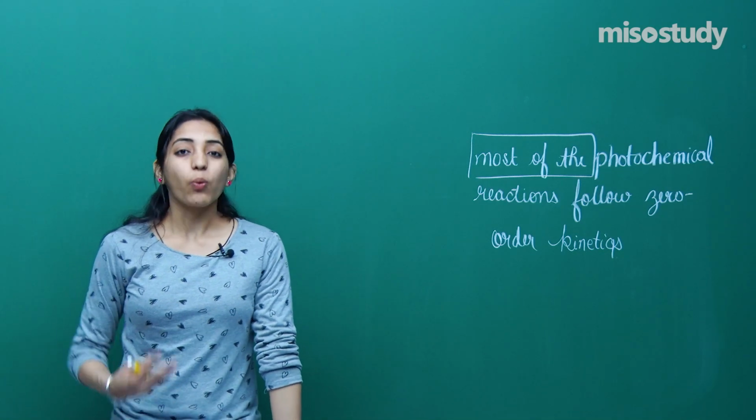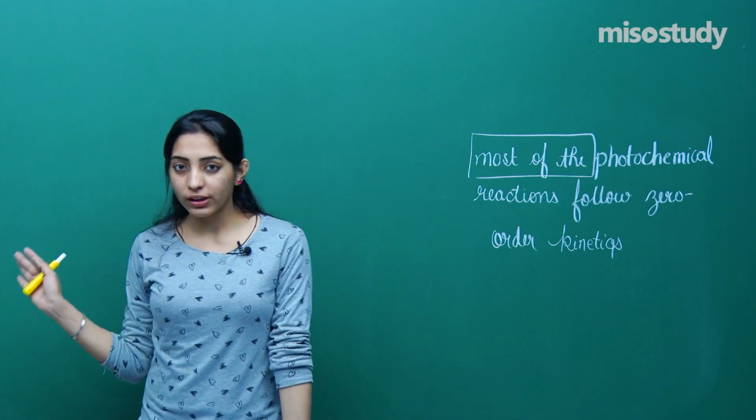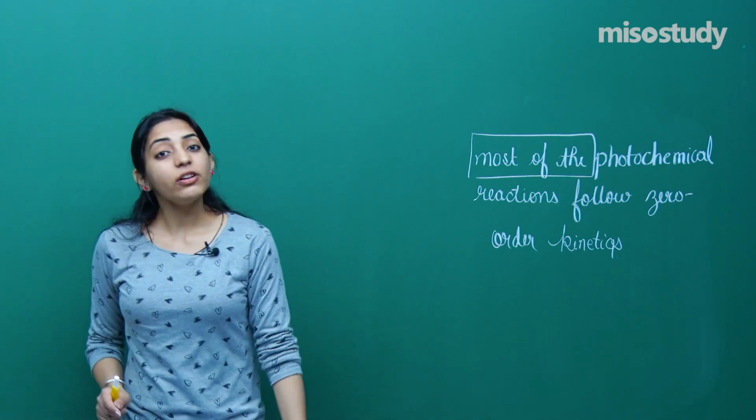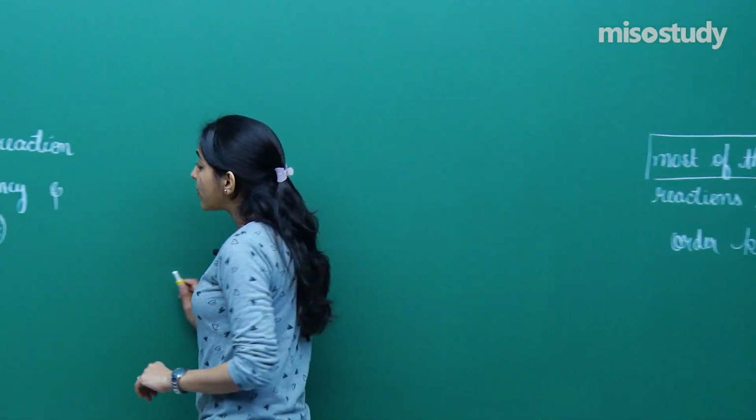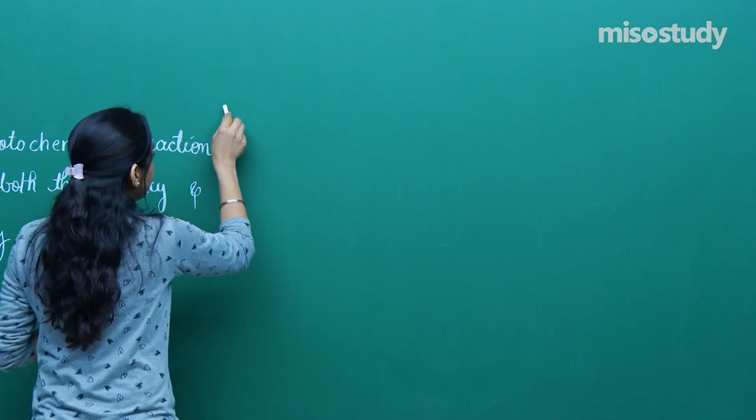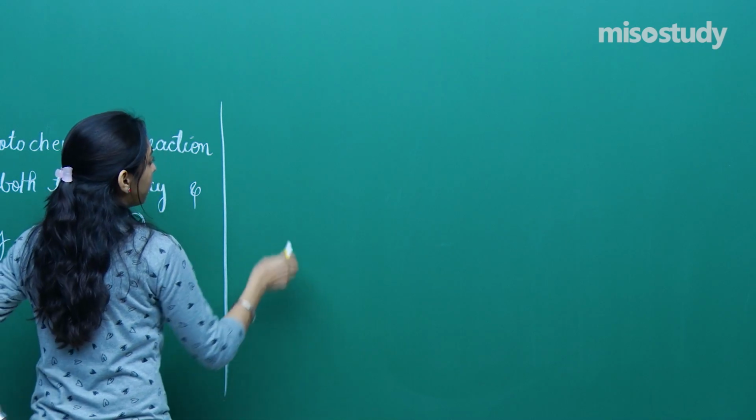Okay, so now what is zero order kinetics? I'll tell you after this particular topic. So I will be defining a new term which is known as quantum yield or quantum efficiency.